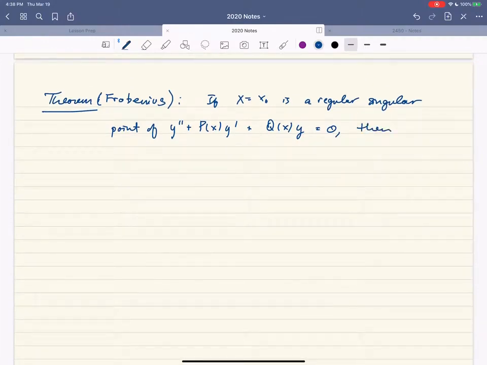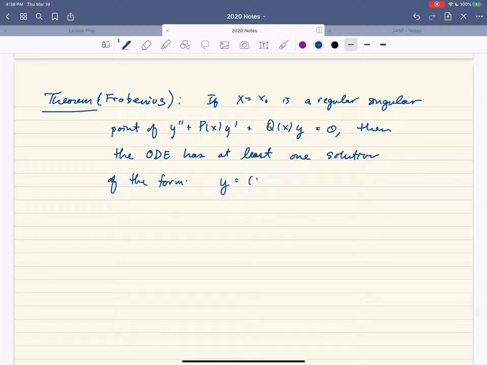So the differential equation has at least one solution, possibly more, but there's always going to be at least one solution of the following form: y = (x - x naught)^r times the normal power series. Now, I want to point out that r does not need to be an integer, and in general it will not be.